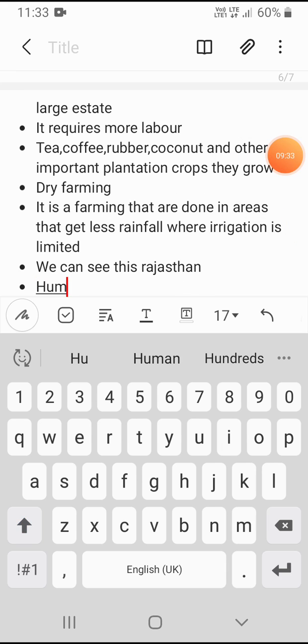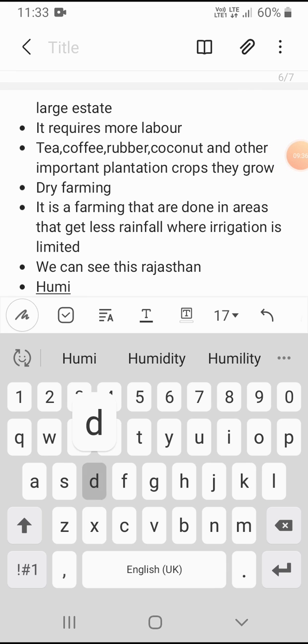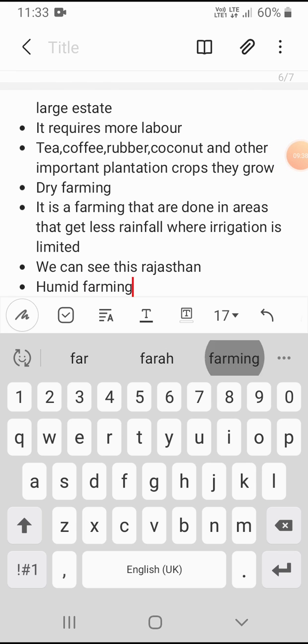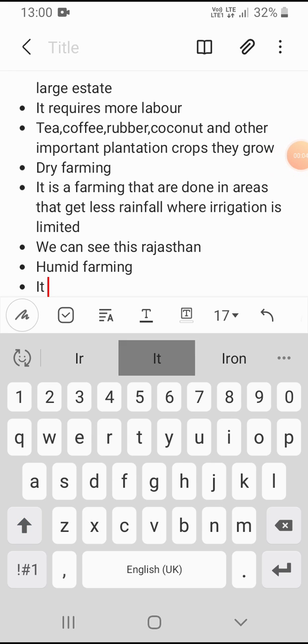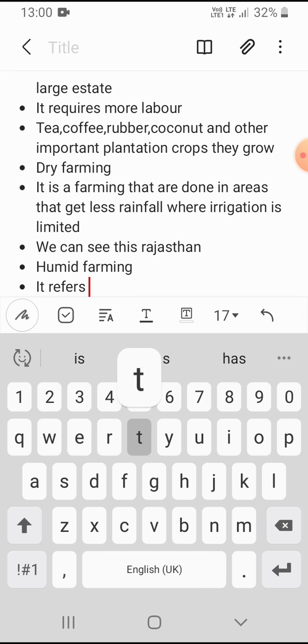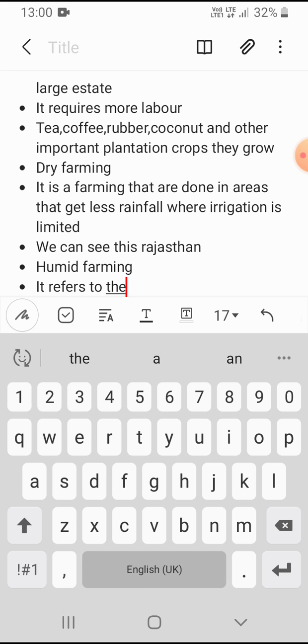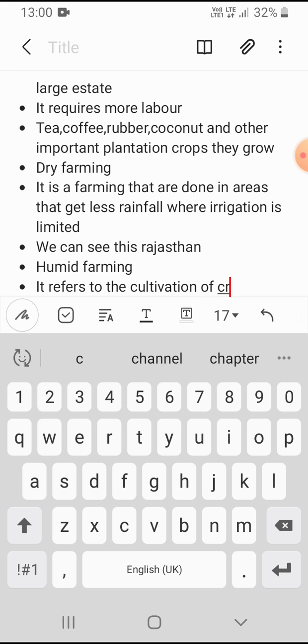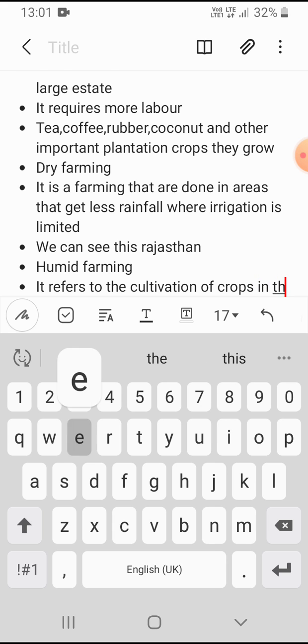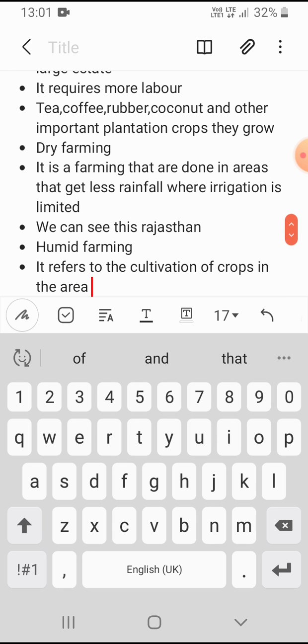Next is humid farming. It refers to the cultivation of crops in an area which receives sufficient rainfall.